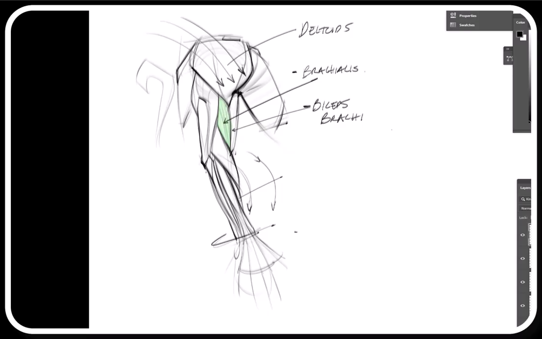Here I'm just roughly putting in the gesture of the scapula on the backside. We'll just put that S curve of the back of the spine.